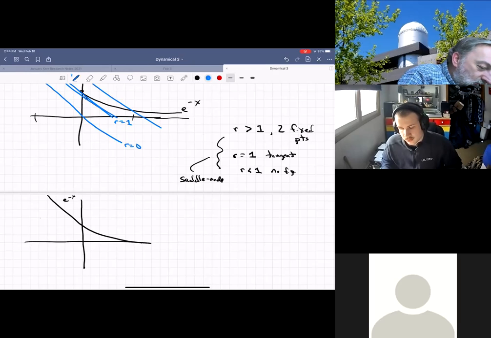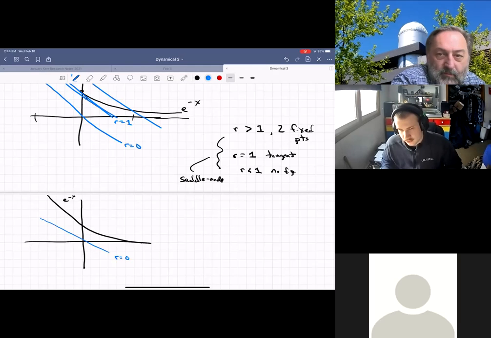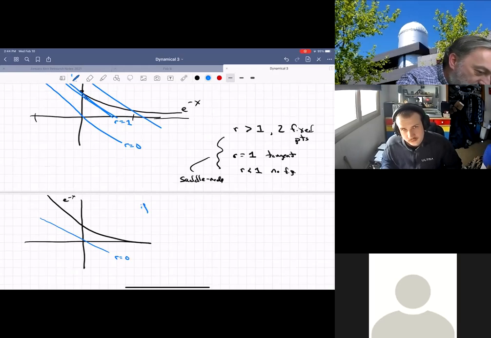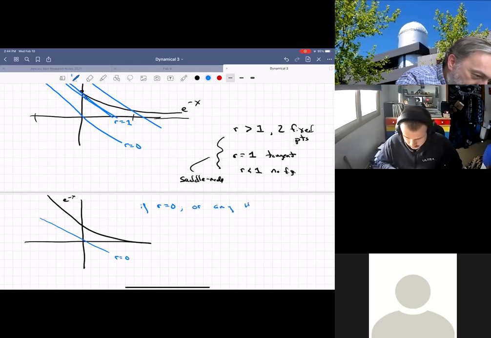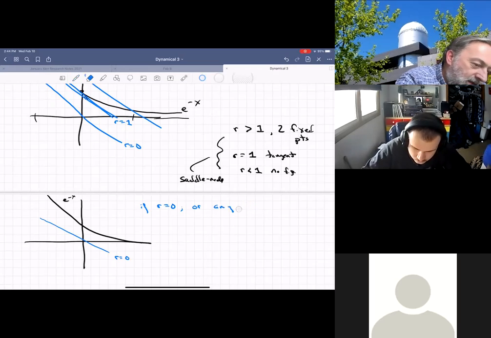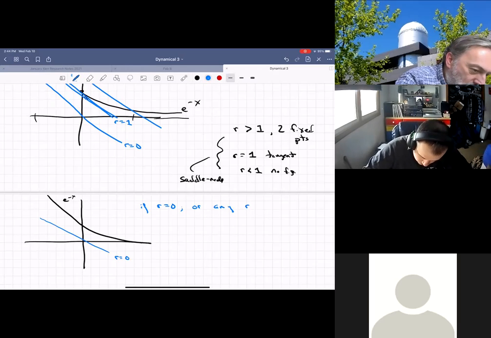And let's suppose I do r equals 0. Here's my r equals 0. Right? So if r is 0, or any r less than 1, I have no fixed points.